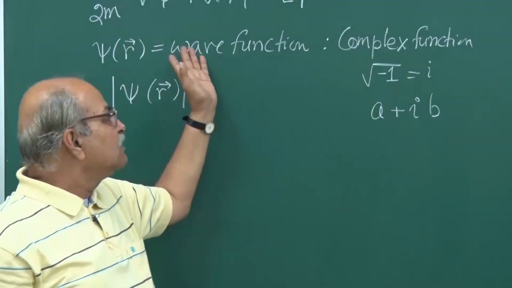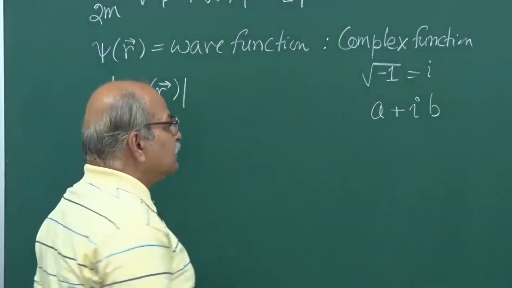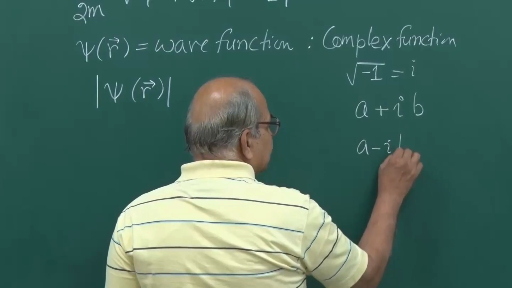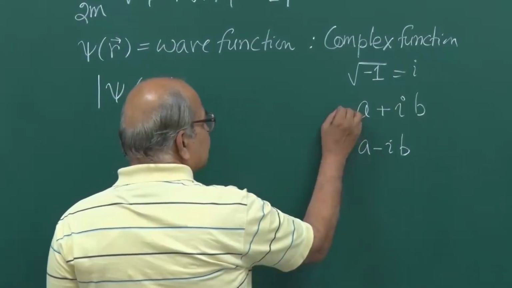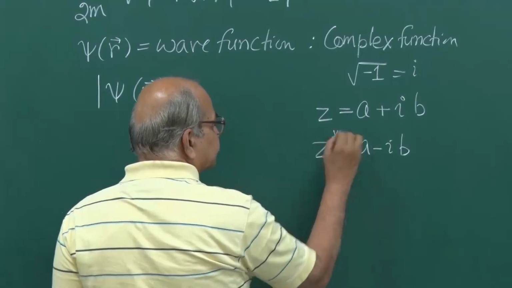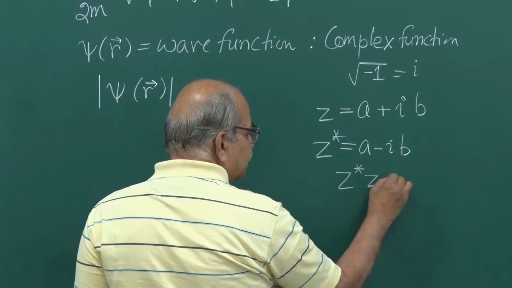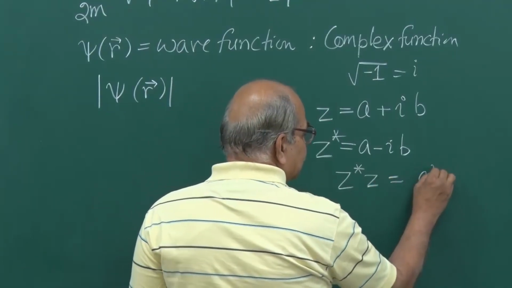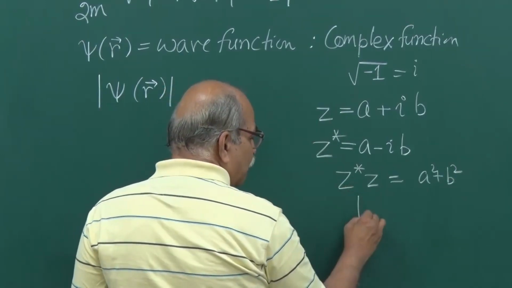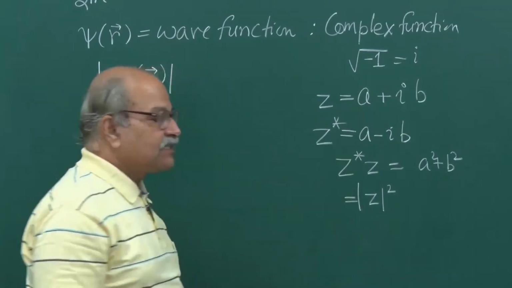So this function can have this i in it, and then you write the complex conjugate, A minus iB. This is called the complex conjugate. So if this thing is Z, this is written as Z star, and if you multiply Z star into Z, that will be A square plus B square, and this is known as mod Z square.